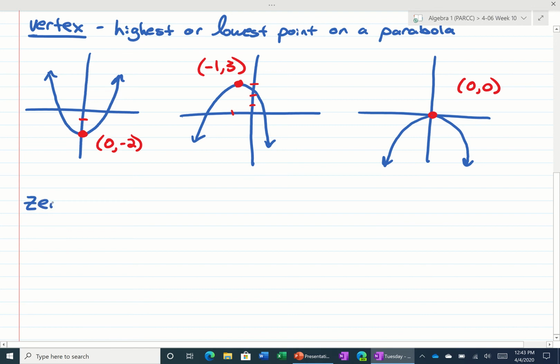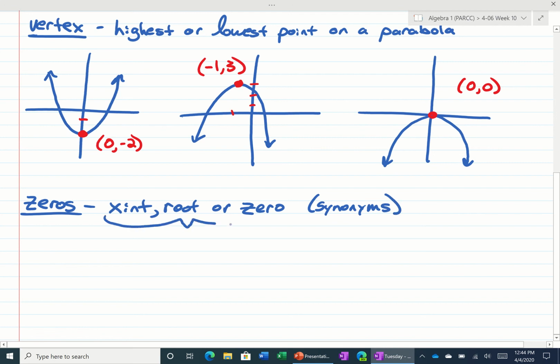Next one, we've seen this a few times. The definition of a zero is just an x-intercept, root, or zero. These are all synonyms. Synonyms just means the same words have the same meaning.